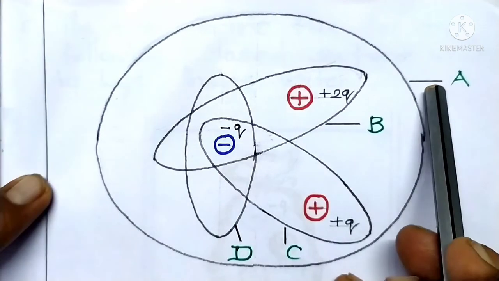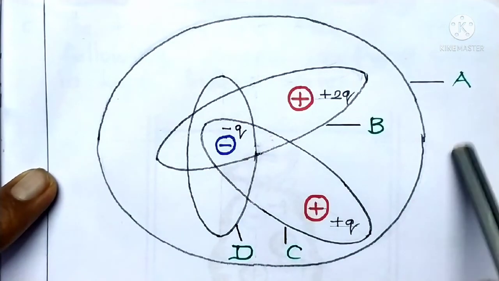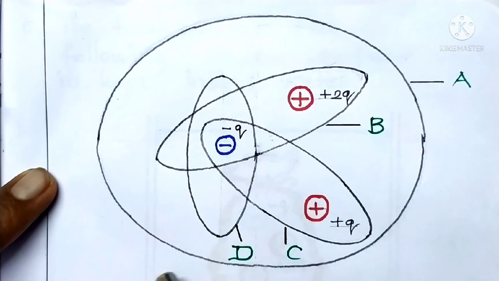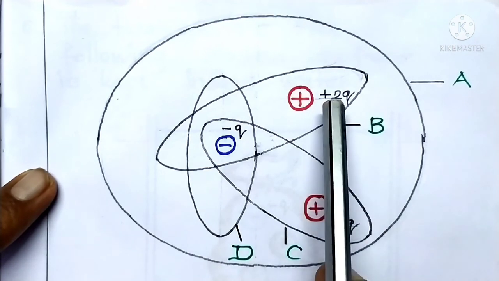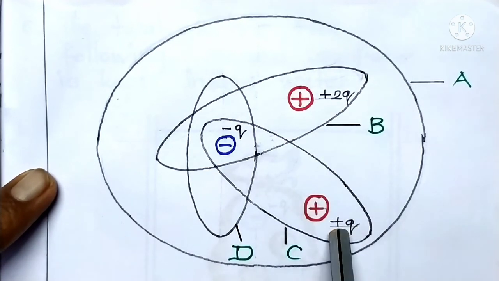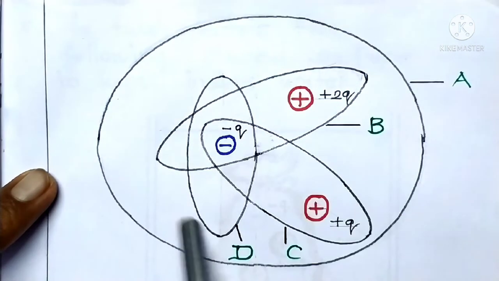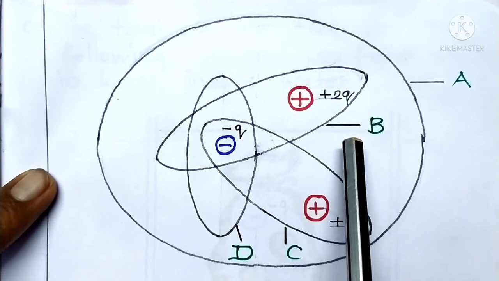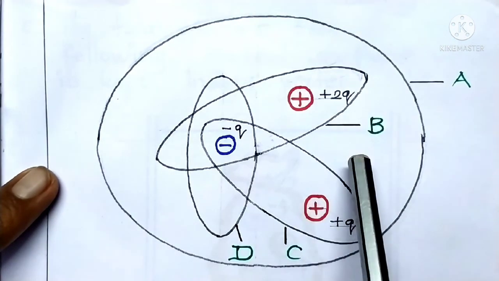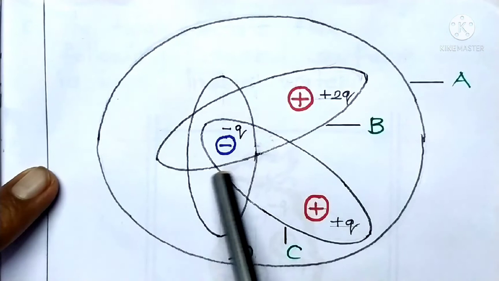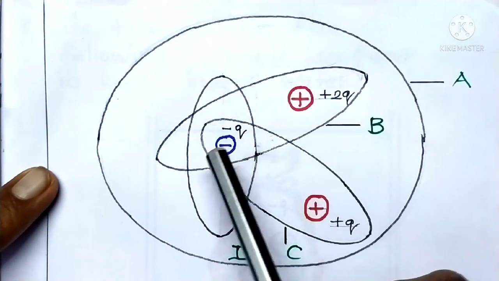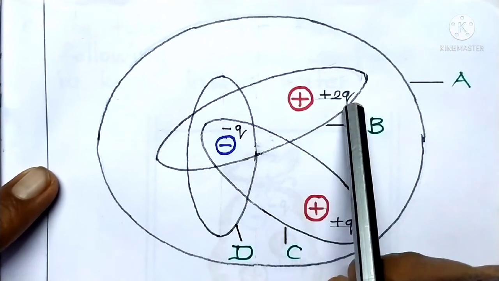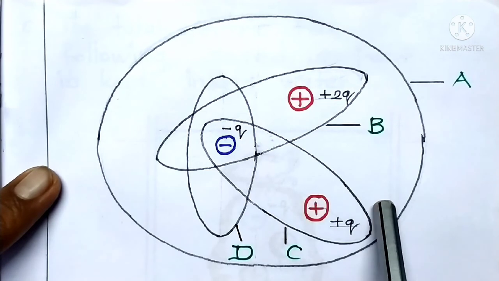When we consider this Gaussian surface A, how many charges are present within? This plus 2Q, this plus Q and minus Q. All are lying within A. Then what about the Gaussian surface B? In this Gaussian surface, these 2 charges come, that is plus 2Q and minus Q. Then what about the Gaussian surface C?